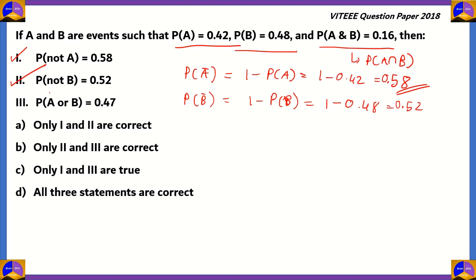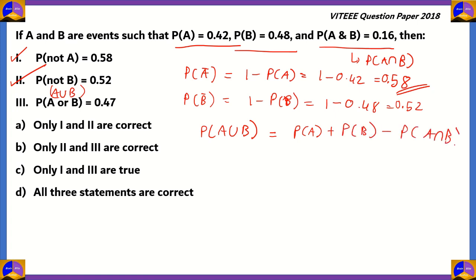Now, P of A or B is the same thing as A union B. So we now know P of A, P of B, and P of A intersection B. It's a good thing that we have all of those values, because then we can calculate P of A union B. So P of A union B is P of A plus P of B minus P of A intersection B. So that is equal to 0.42 plus 0.48 minus 0.16.